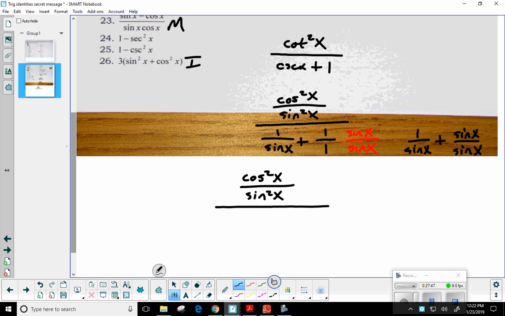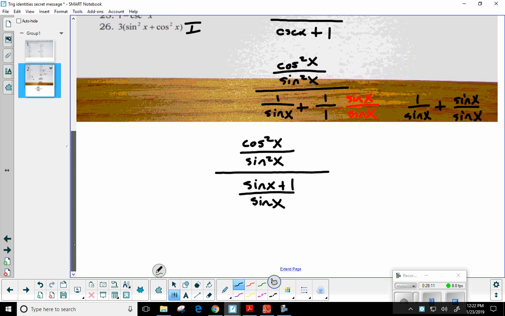So 1 plus sine x or sine x plus 1 over, and what would the denominator be? Now, would it be squared? It would just be sine of x, right? Because remember, when you combine using the same denominator, the denominator does not change. Okay. So now, I'm going to multiply by the reciprocal.